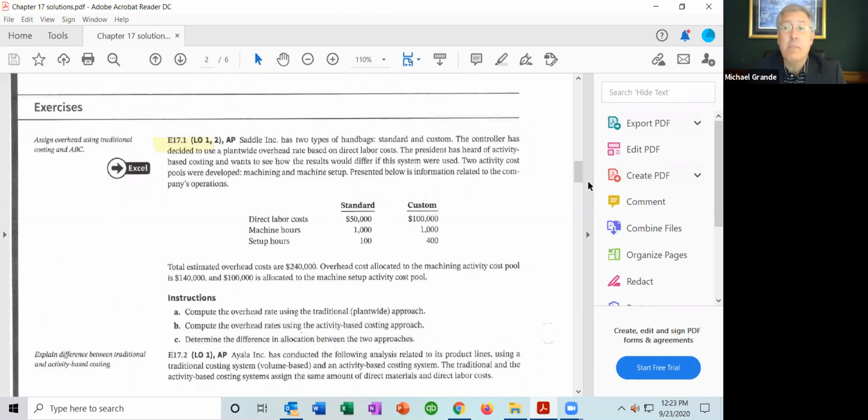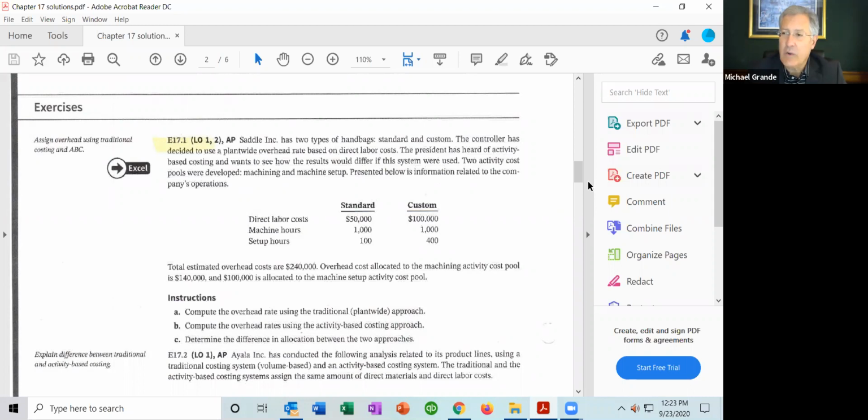Activity-based costing uses multiple activity rates to allocate overhead to its product. The idea being that the more activity rates you use, the more precise and accurate you become in the allocation of overhead among your products.